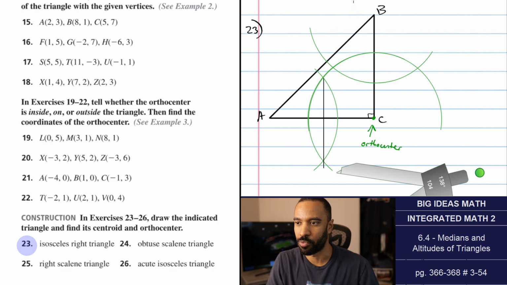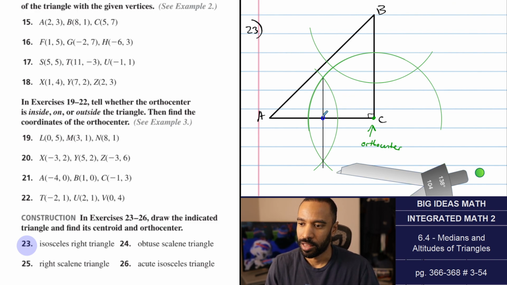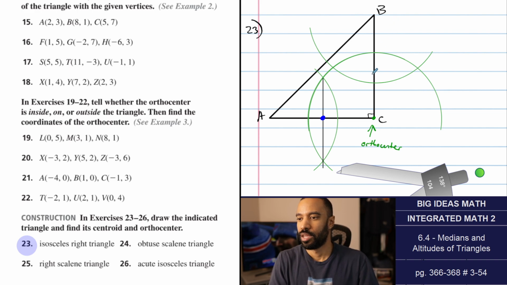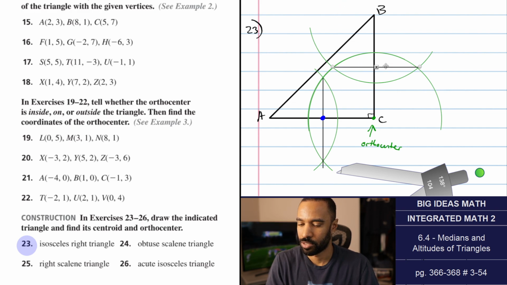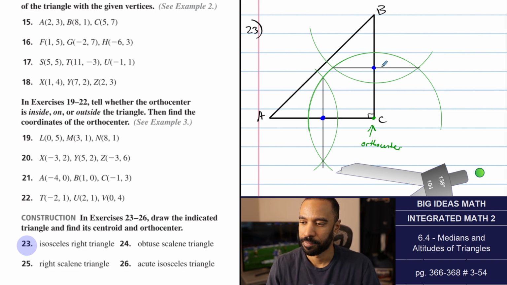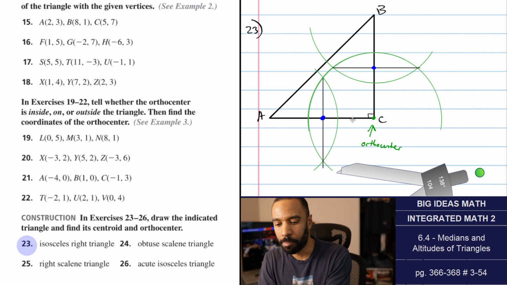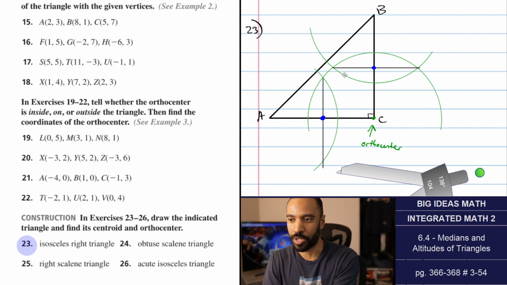The point is to find where the perpendicular bisector intersects with each segment. This one intersects here, this one intersects here, and this one intersects here. Those are the midpoints of each segment for which we can draw medians.